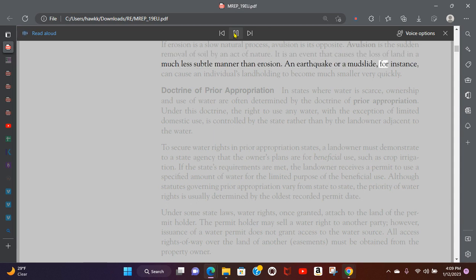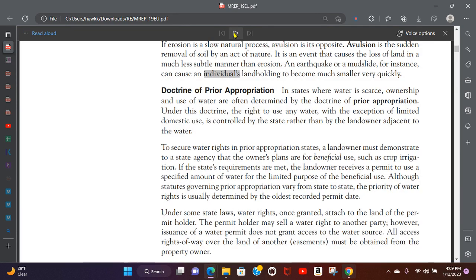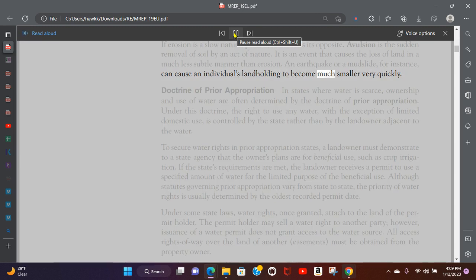An earthquake or a mudslide, for instance, can cause an individual's landholding to become much smaller very quickly. Them typhoons or the mud flood. Go research that.